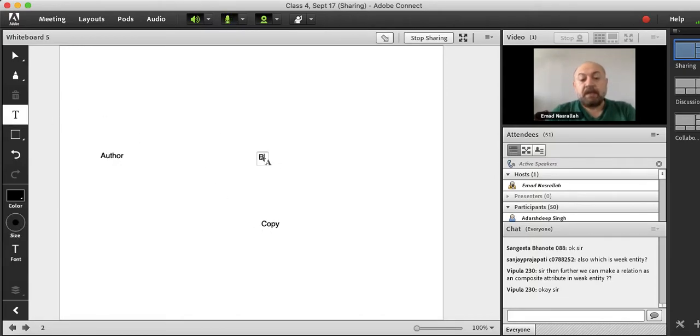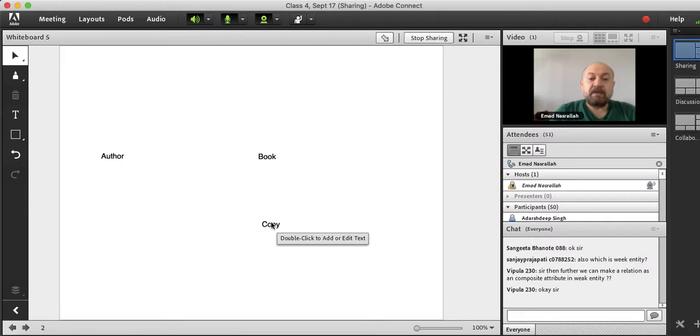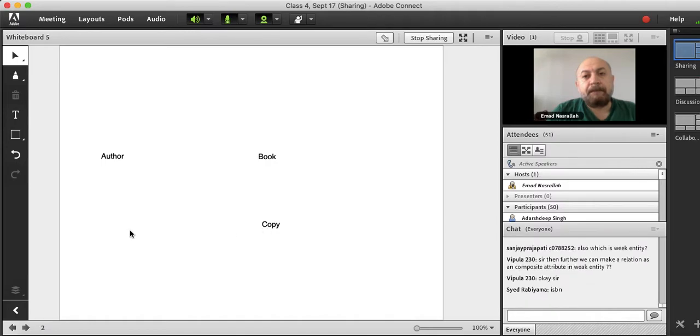Okay. We have book. The book has an author, and the book has a copy. And we have members. Members are borrowing copies. So we have member.